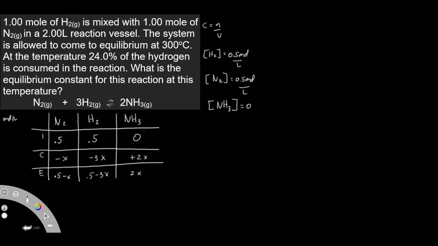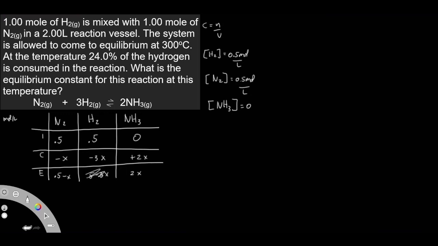Now we realized at this temperature 24% of the hydrogen was consumed. So let's look at the hydrogen section here. We started initially with 0.5, but then 24% of it got consumed. So that 24%, we have to put it over here, so we can scratch that out. What is 24% of 0.5?